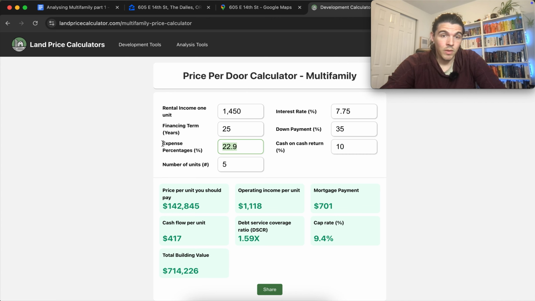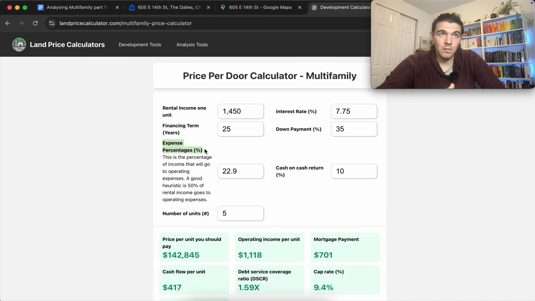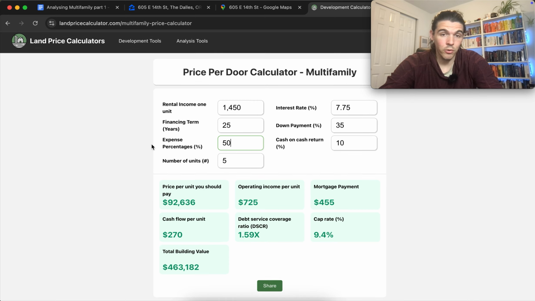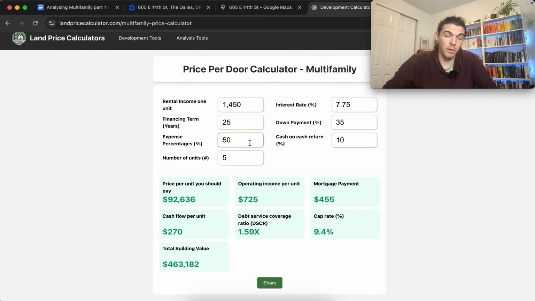Then expense percentages, that's what percentage of your income is going to expenses, and that is probably around 50. It never said that the tenants were paying for power, that they're metered individually. If the units are metered individually, then you can have your tenants pay for utilities. But normally with multifamily, you're going to be paying it. So about 50%. And then there are 3 units total.